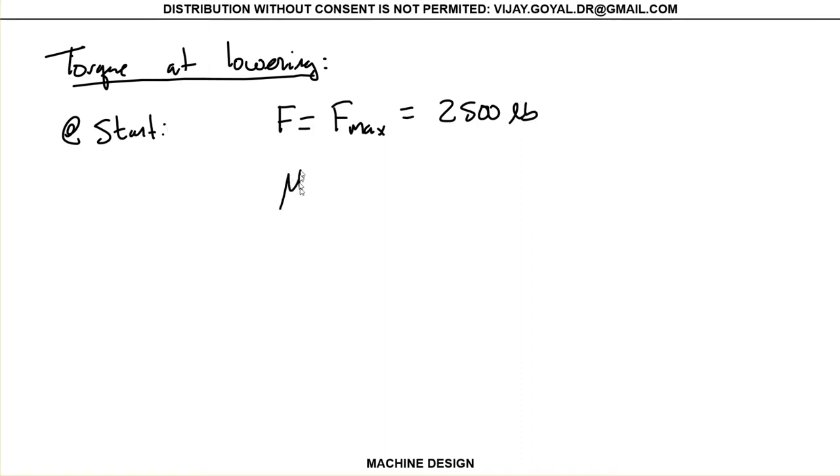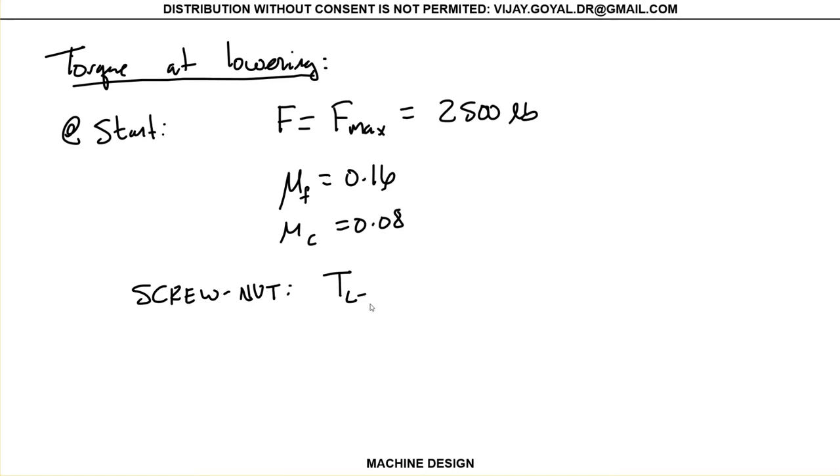Okay, so at lowering has the same friction. The friction coefficients don't change. What's going to change is the screw nut interface. The equation is going to change for lowering. The lowering equation is different.